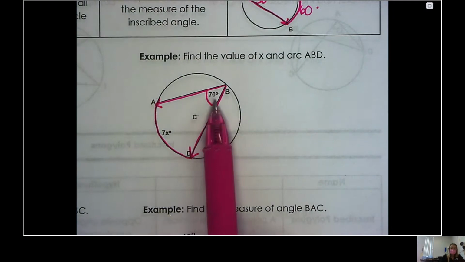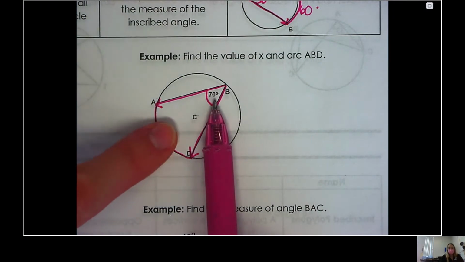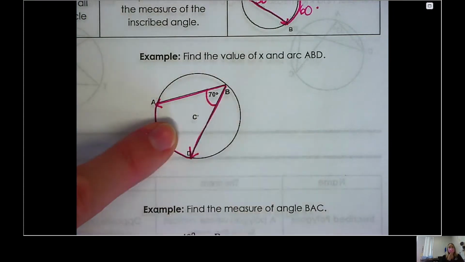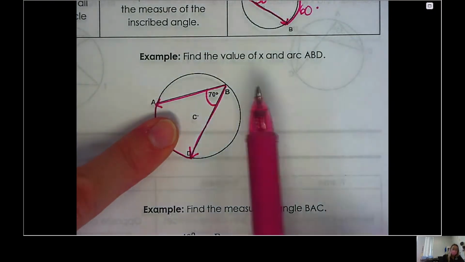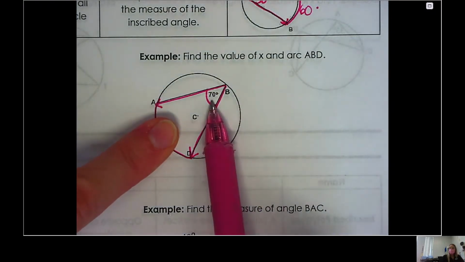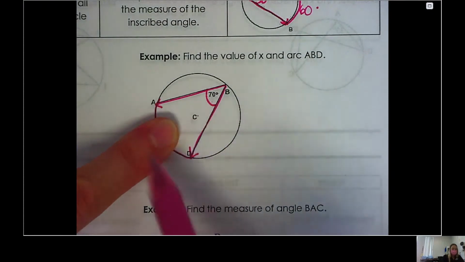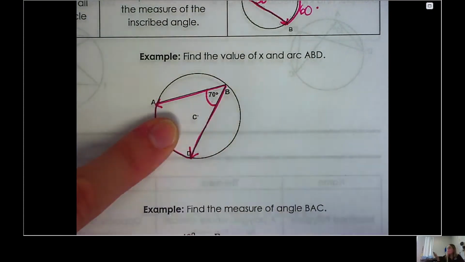Okay, so if I ignored the 7x for a second, and you already know that this angle right here is 70 degrees, what does that mean this arc right here, AD, is? It's 140. I just have to double it, right? So I know arc AD is 140 degrees.